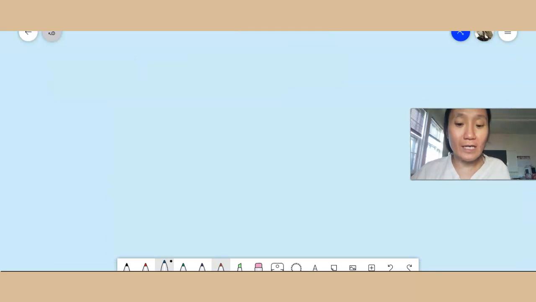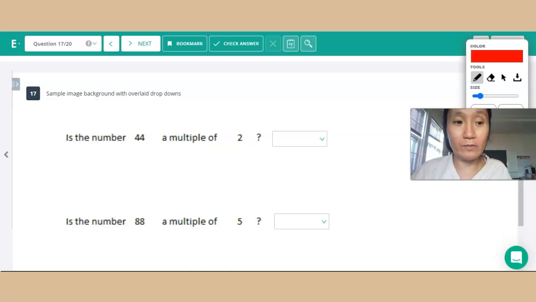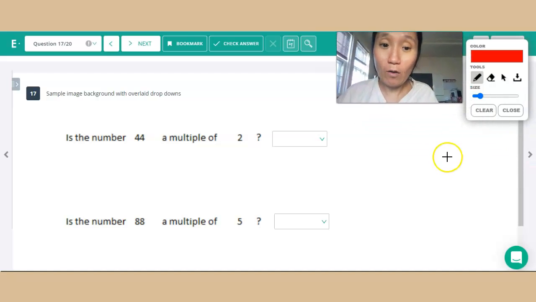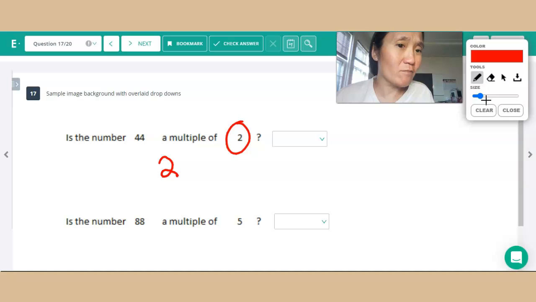So now let's take a look at our work in Edulastic. It's saying here, is 44 going to be a multiple? Well, we will have to figure that out. Remember, if I have 2, because 2 is the number that I have to decide, can I multiply 2 times anything to get 44?